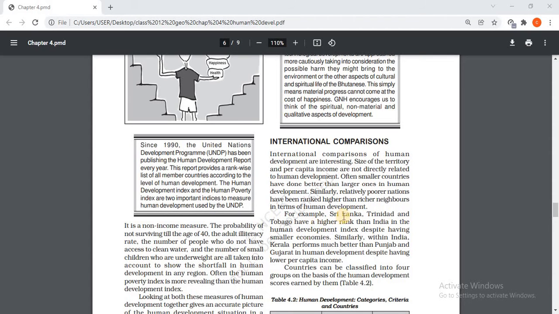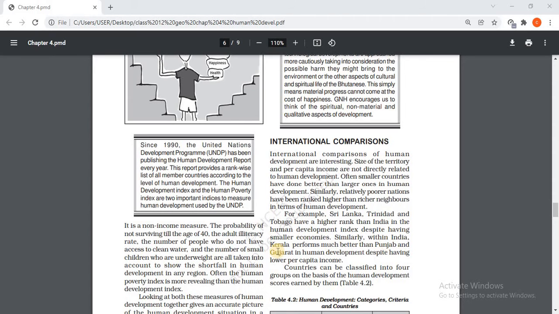For example, Sri Lanka, Trinidad and Tobago have a higher rank than India in the Human Development Index despite having smaller economies.